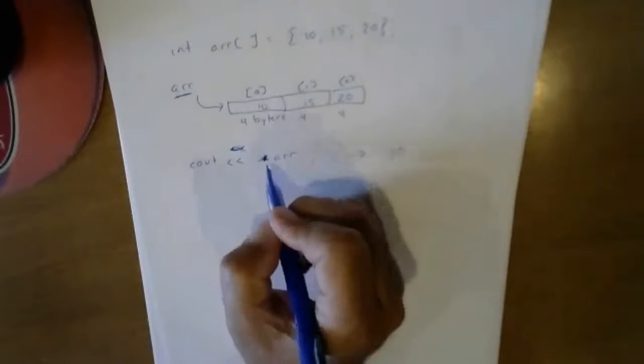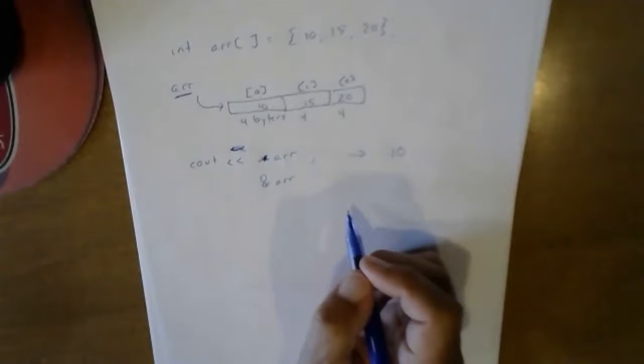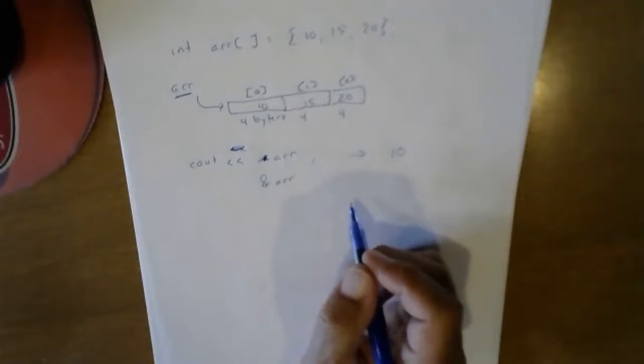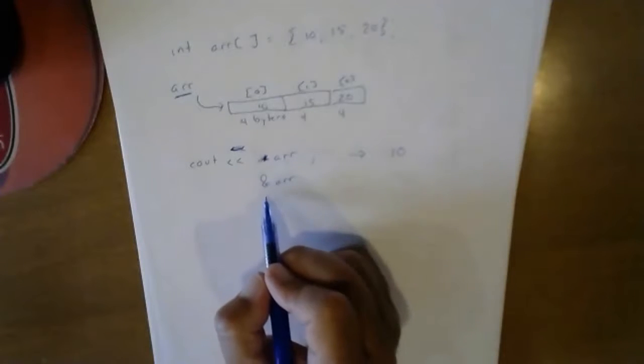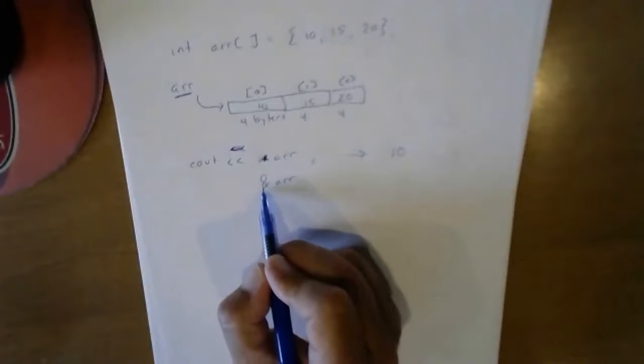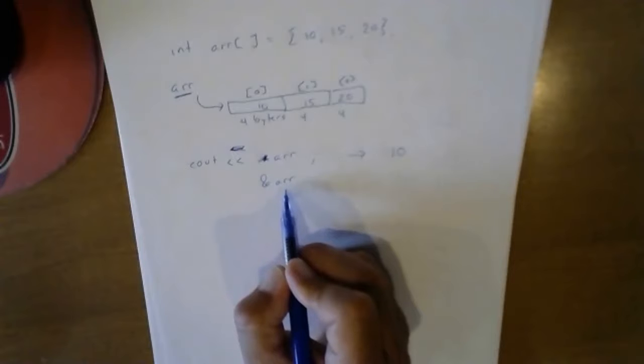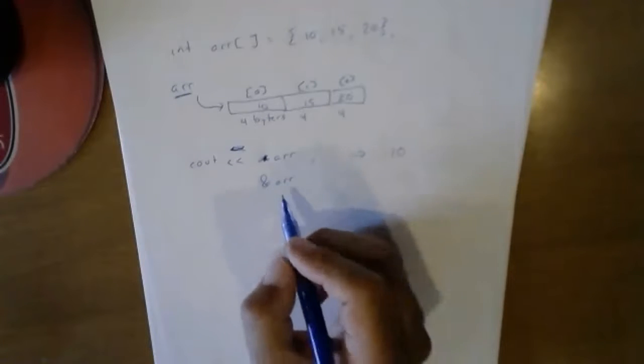Okay. What if I put an ampersand in front? What do you think would happen? It gives you the memory address of the array. I don't think that's going to work. I'm thinking that's going to give me a syntax error. It'll work.